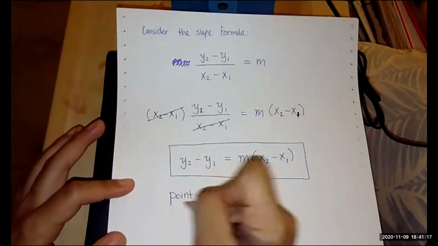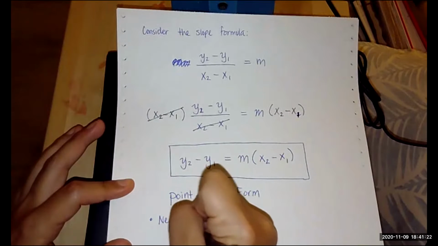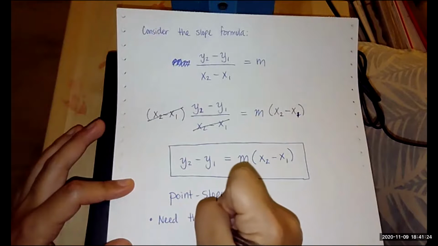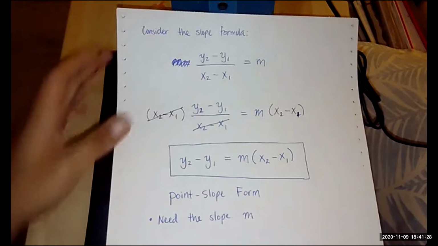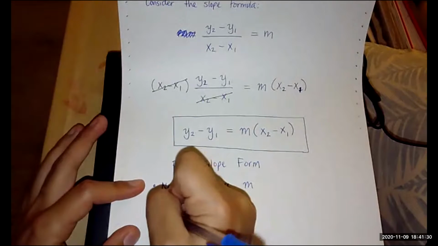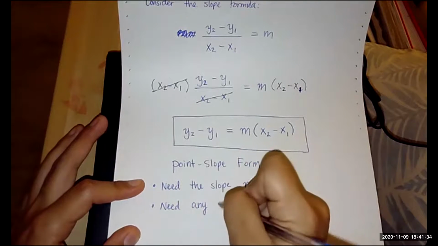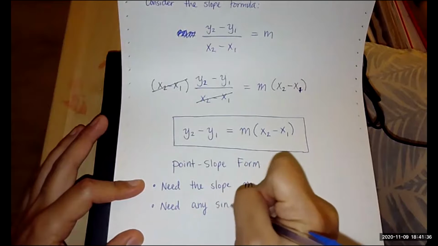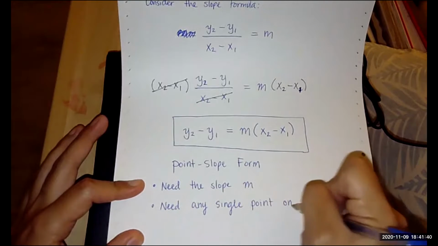And with point slope form, all you need is the slope, m, and you need any single point on the line.